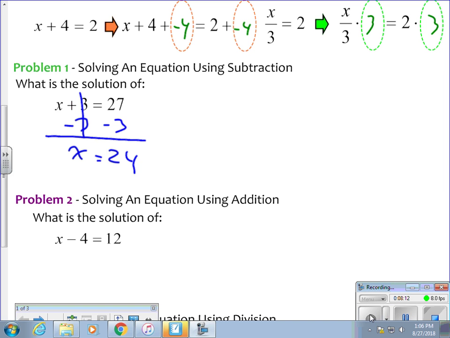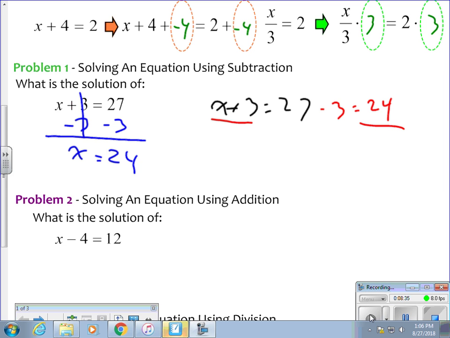Now, I see students do that. They'll have x plus 3 equals 27, just like what we have here. And they'll go, oh, I subtract 3, and that's 24. That's not right. What you just did was say that x plus 3 equals 24. You did not say that x equals 24.